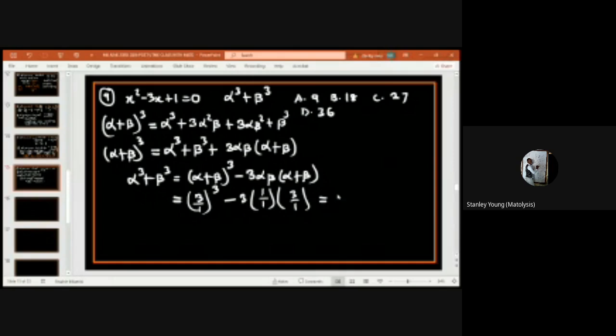So this is basically 3 cube minus 3 squared. You have 27 minus 9. Take away 9 from 27, that gives you 18. So the answer to this problem is 18.